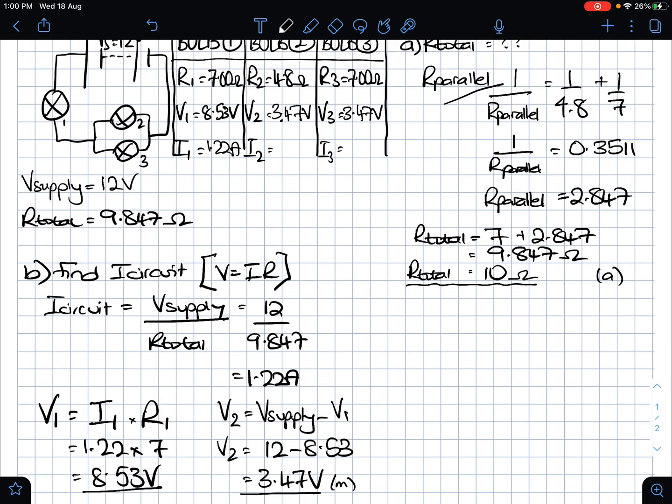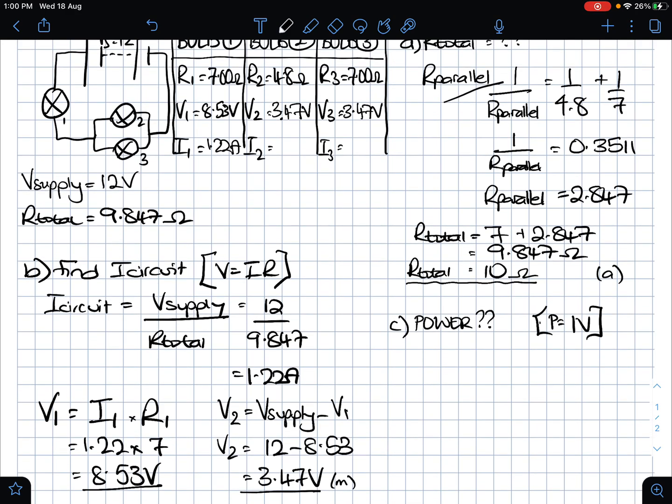Now part C. In part C, you are asked about the brightness of bulbs 2 and 3. So for brightness, we need to consider power. And the formula for power is P equals IV. So the first thing we're going to need to do is work out the current through 2 and through 3. So we've got our resistance and voltage. So the current through bulb 2 is going to be the voltage over the resistance of bulb 2.